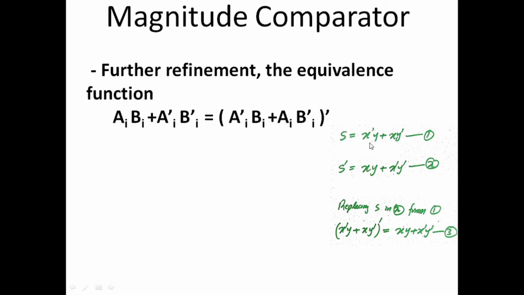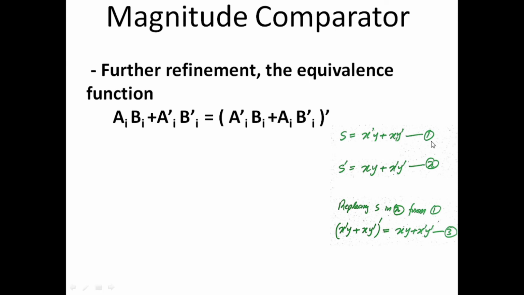That gave us x prime y plus xy prime, which is the exclusive OR operation. And when we combine the minterms where the value of S is 0, this gives us xy plus x prime y prime. But this is the complement of S, because we have combined the minterms where the value of S is 0.